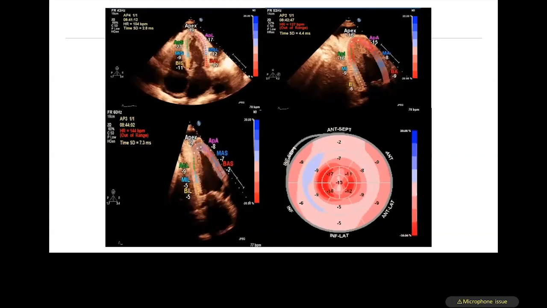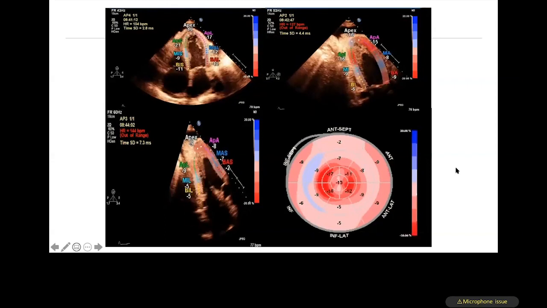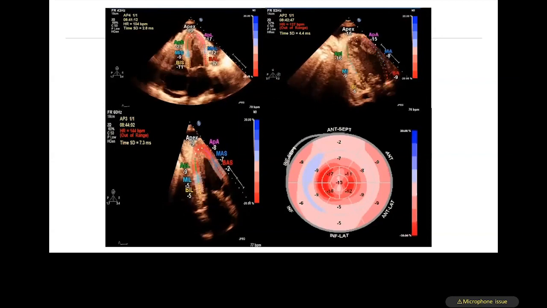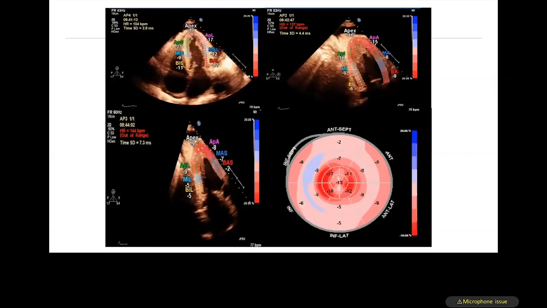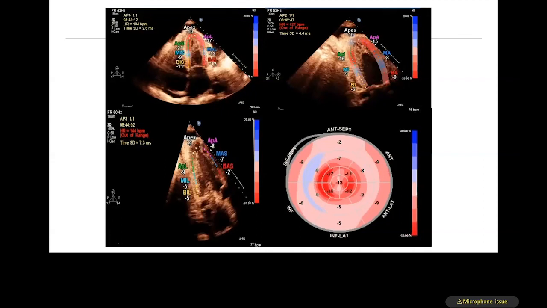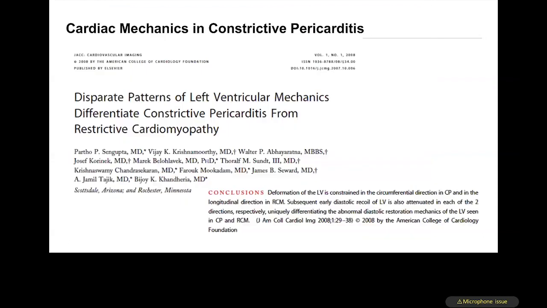So you have used strain in this particular example for uncovering the presence of a myocardial disease. The myocardial dysfunction is very well identified, and incrementally adding the information allows you to diagnose a patient with restrictive cardiomyopathy in comparison to the other patient with constrictive pericarditis.